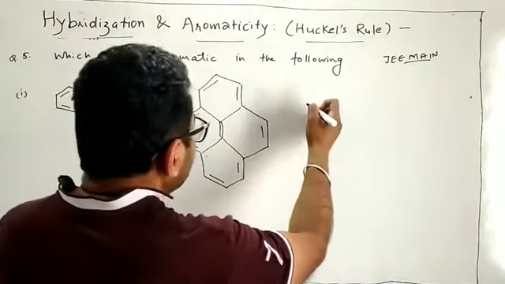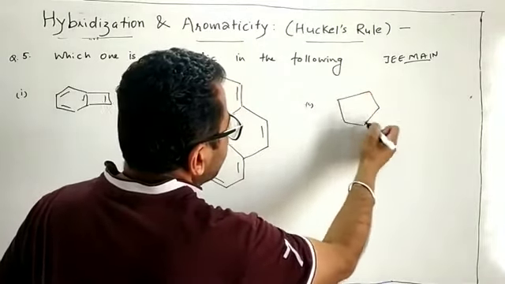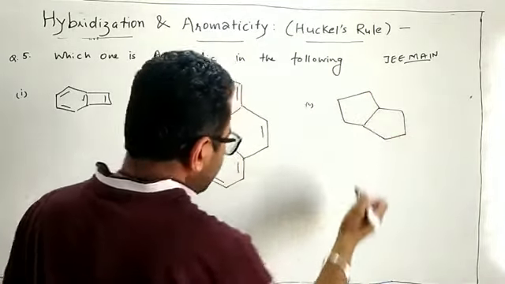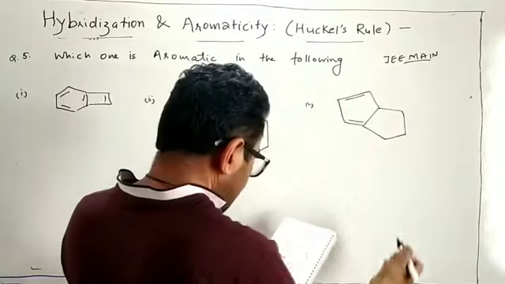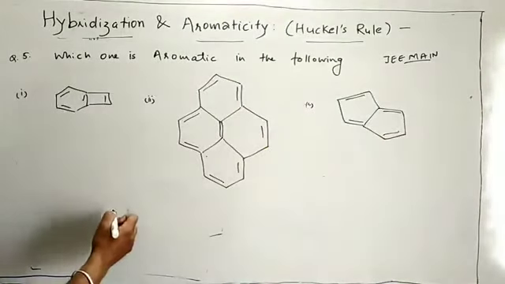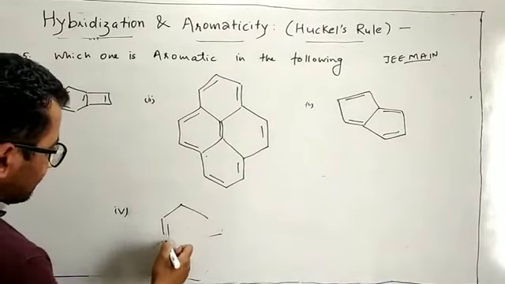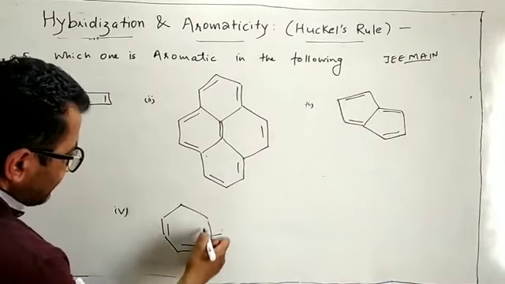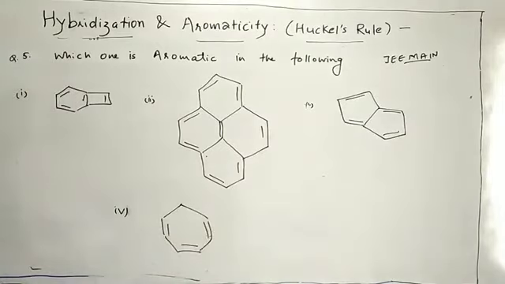So second option. Third option is your 5-member ring like this. This 5-member ring has an electron pair like this. And the last, fourth option, or B option, is your compound like a 7-member ring like this. So these are the options.